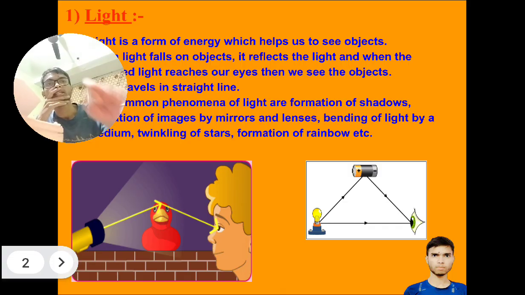Now in front of this figure, there is one more figure. One is an eye, second is a bulb, and third is a battery. What is happening? The electric cell is giving current to the bulb. The bulb is small.